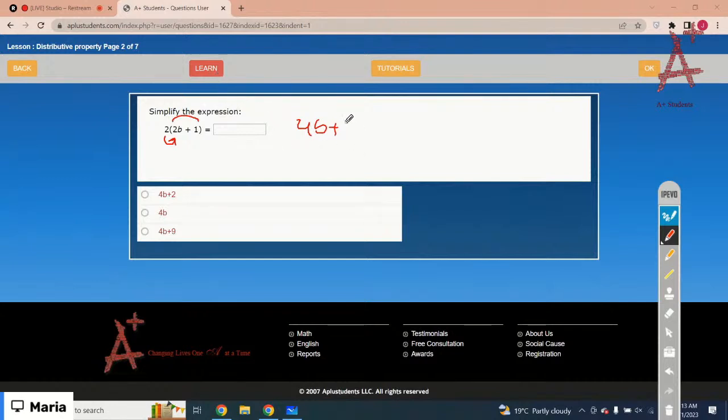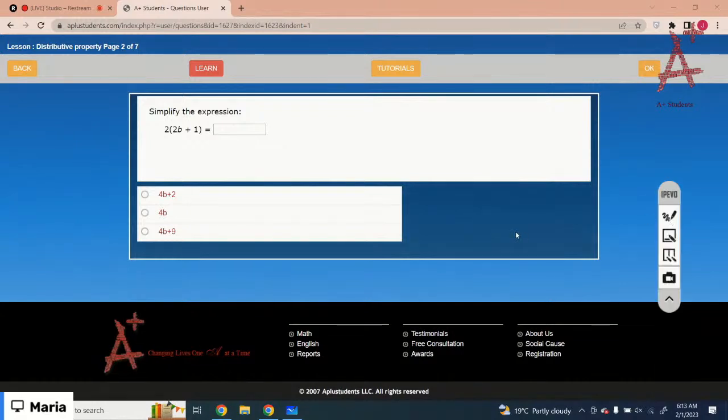So it is 4b plus 2 times 1, which is 2. So the correct option is 4b plus 2. That is option number 1. Just select the correct option and click on the OK button.